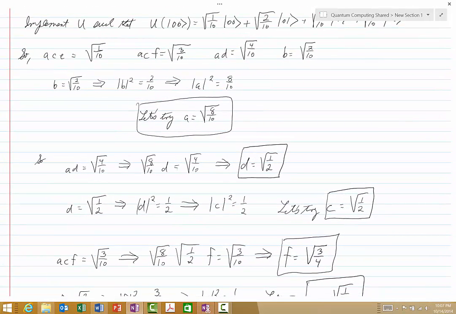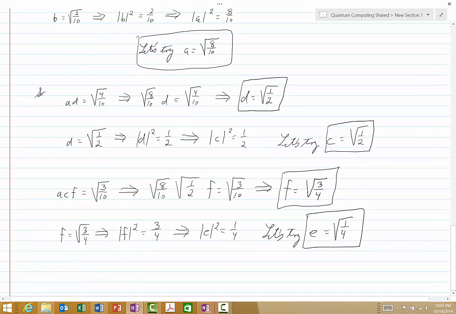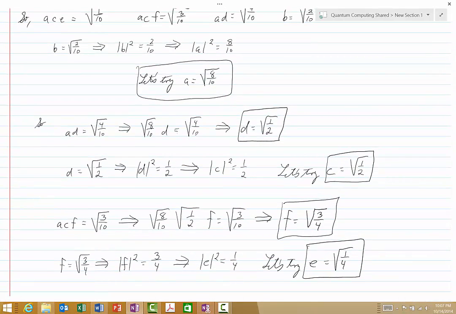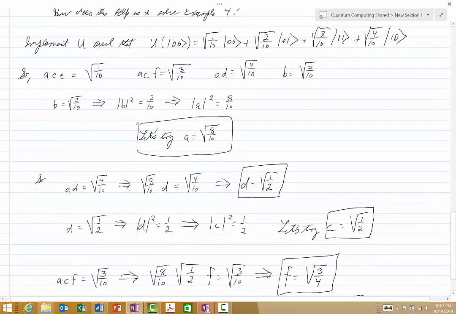So now let's see if everything here with these assumptions works out. We've made a few assumptions, but let's see if all of this works out.